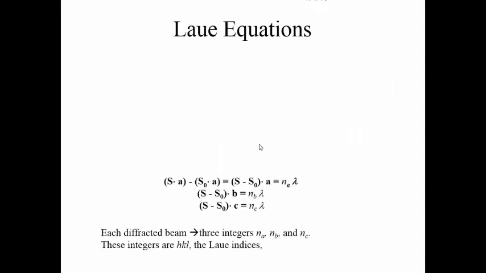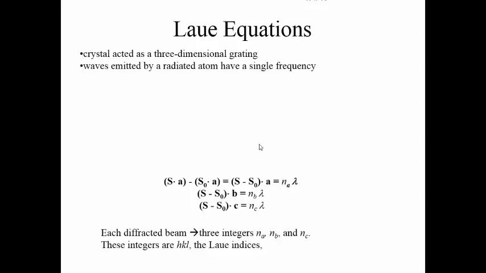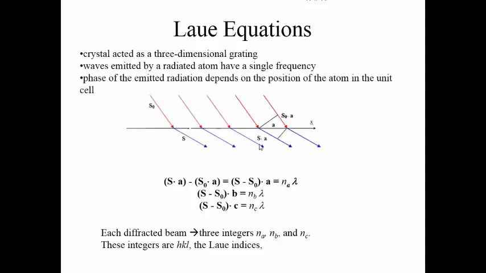The Laue equation is a form of Bragg's equation. The crystal acts as a 3-dimensional grating, and the waves are emitted by the radiated atoms, which have a single frequency. And here we have the incoming S0 and the outgoing S, and here's the distance between the two atoms, so to speak, or the repeats.